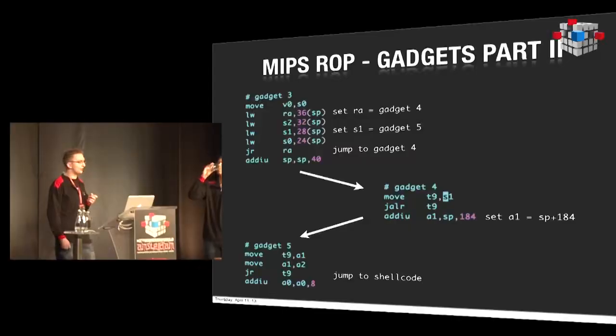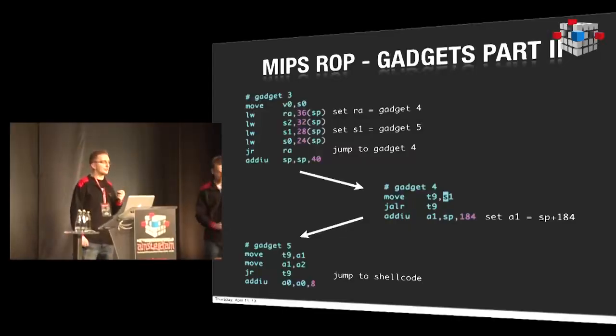But before we jump to gadget 5, as I mentioned previously, any instruction after a branch will be executed first. So the last instruction of gadget 4 is an add integer unsigned instruction, which will fill the A1 register with the value of SP incremented by 184. So by the time we arrive in gadget 5, it will put this value of A1 into T9.